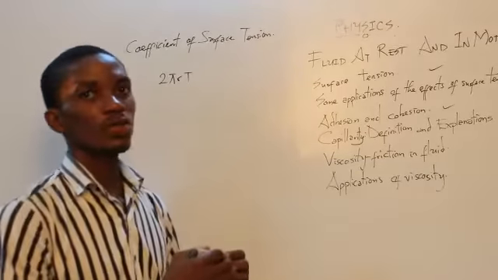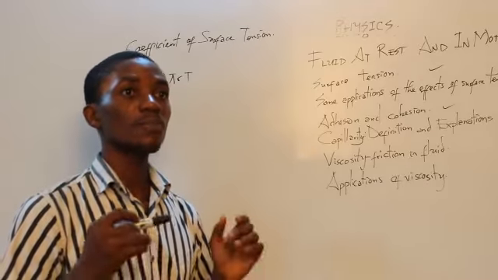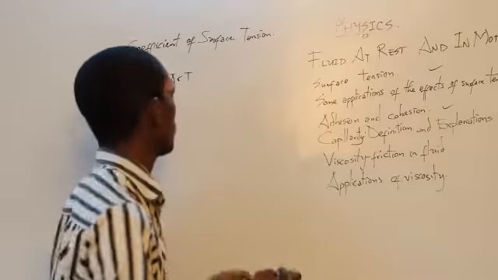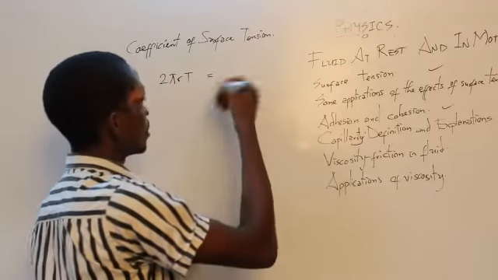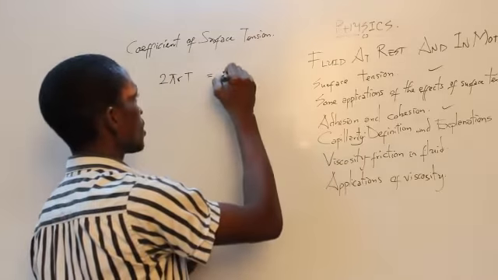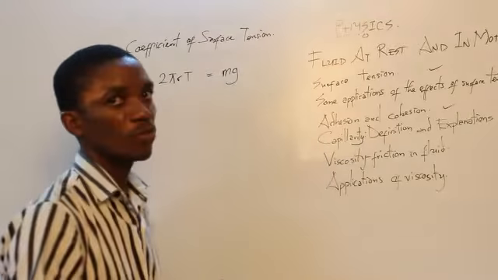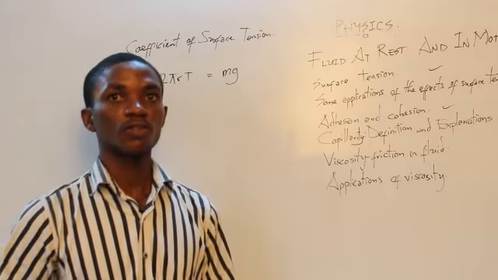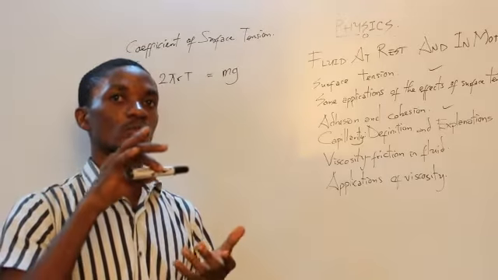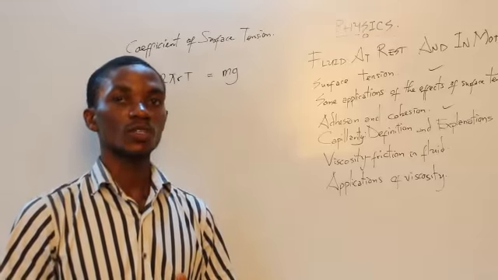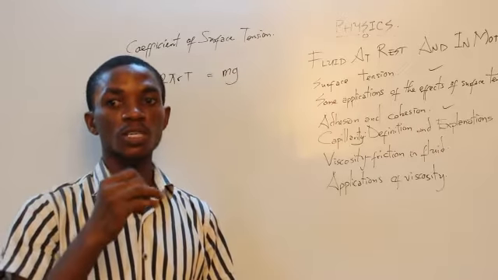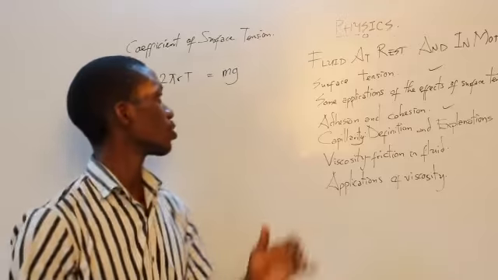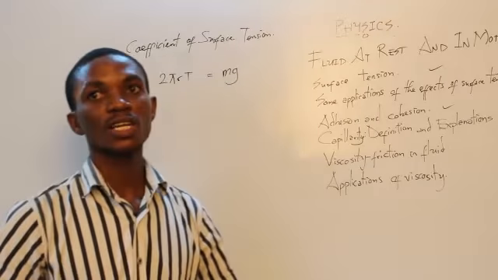Then it is converted to a measure of the effect of the surface tension acting on a particular surface, and it can be compared with mg, which is also a force, that is the weight of the liquid. For the body to actually float or be on top and not sink, you consider the weight of what is on the liquid and the gravitational pull on it, and compare it with the surface tension acting.